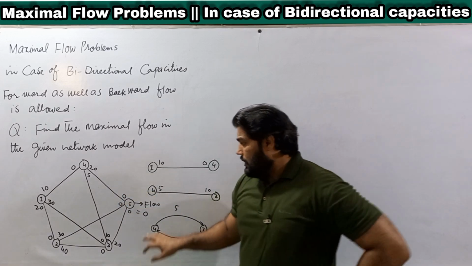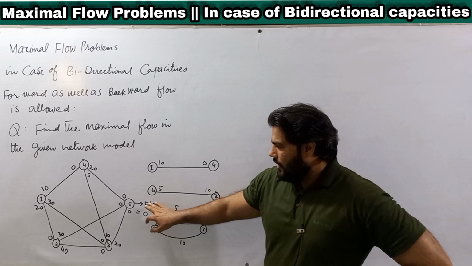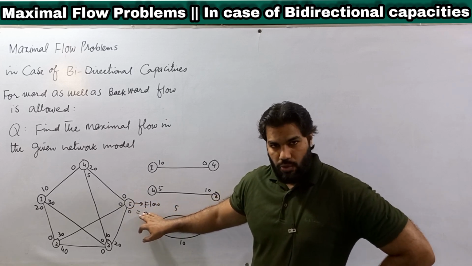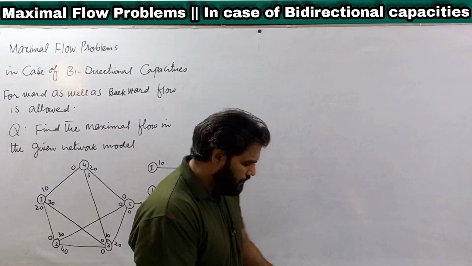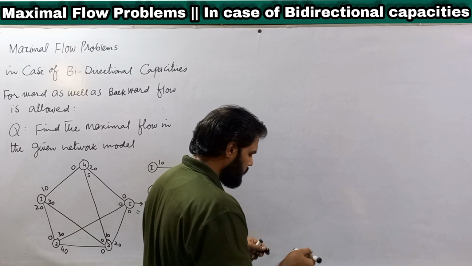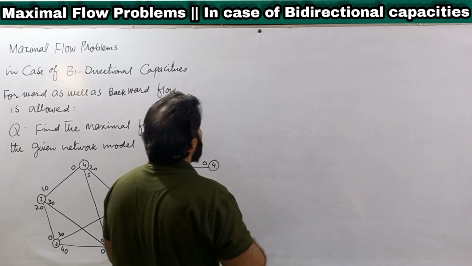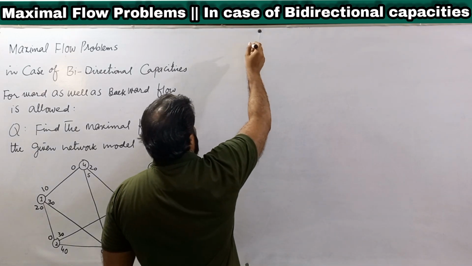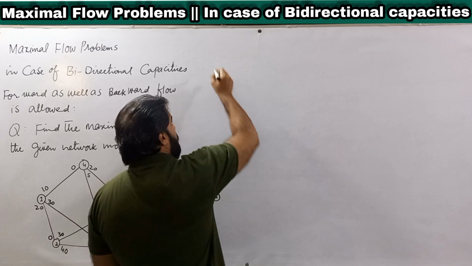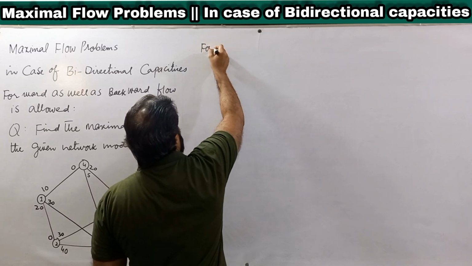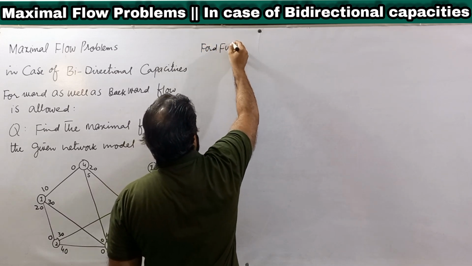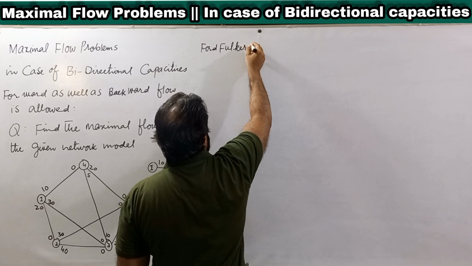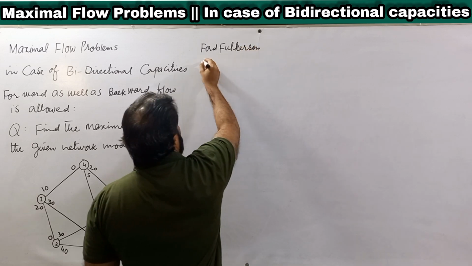Suppose that at the initial stage our node 5 has 0 units of flow. Next we proceed. We will solve this problem by the Ford Fulkerson algorithm method.